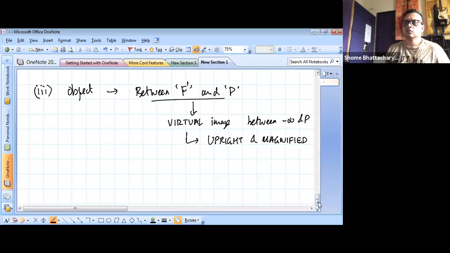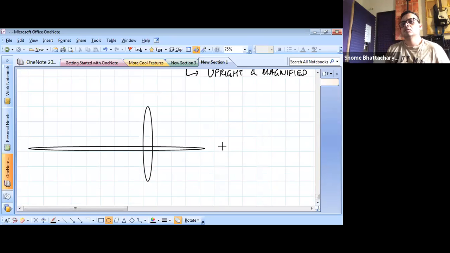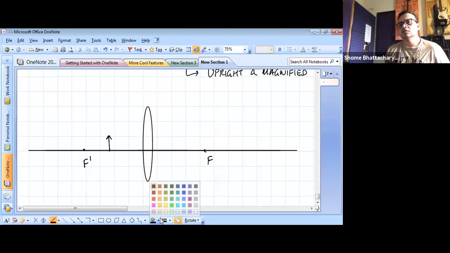So that ray diagram becomes something like this.